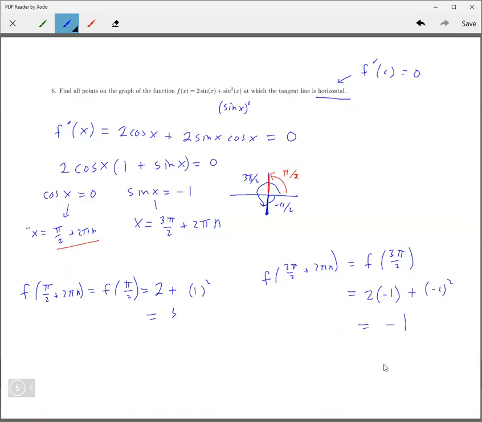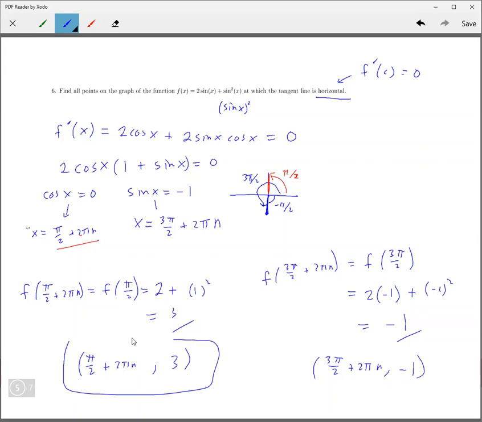So that all works out to be -1. So this one gives you pi over 2 plus 2 pi n, comma 3. And this one is 3 pi over 2 plus 2 pi n, comma -1.